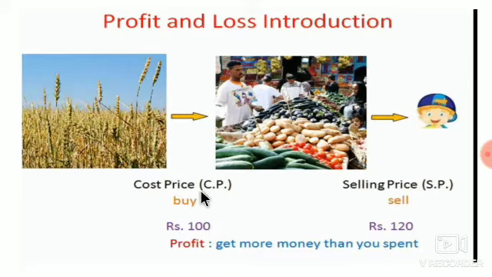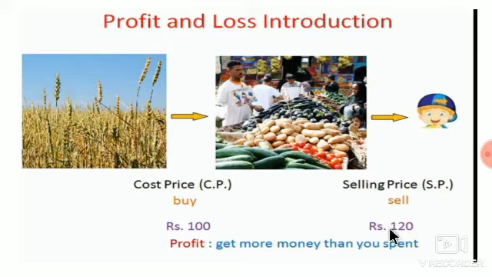So whatever is the buying cost, that is called the cost price, and it is denoted as CP. Here the cost price is 100, and the price at which he sold the vegetables or fruit is the selling price, denoted as SP, and that selling price is 120.